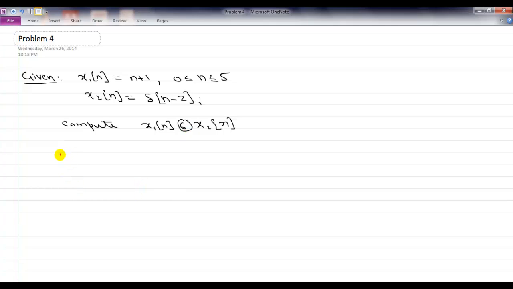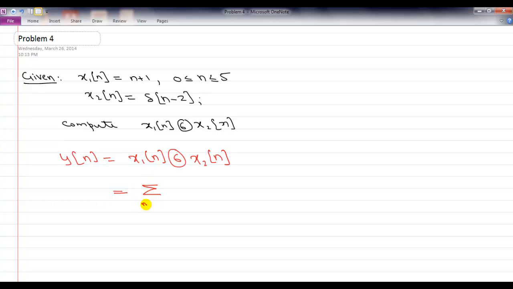So let's call y[n] the output of this circular convolution, x1[n] 6-point circular convolution x2[n], and remind ourselves what the circular convolution looks like. Okay, circular convolution is simply just like linear convolution. You fix one sequence, you circularly flip the other, and then you circularly shift the other sequence.